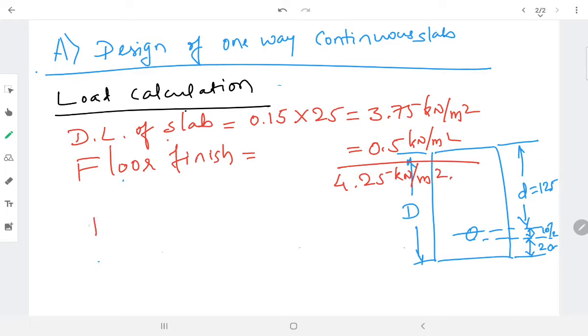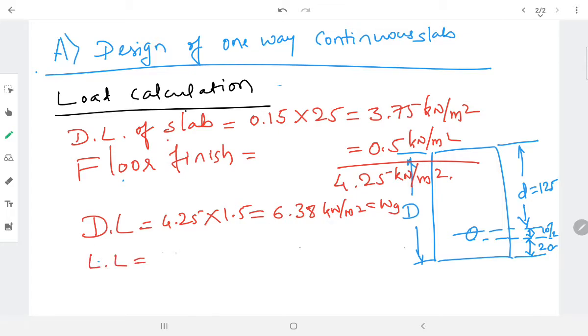Next, factored dead load is this 4.25 total load into 1.5. Considering factor of safety, it will give 6.38 kilonewton per meter square. Consider it as WG. G stands for dead load. Next, live load is how much? This is 1.5 into 1.5, because 1.5 is given in the problem.